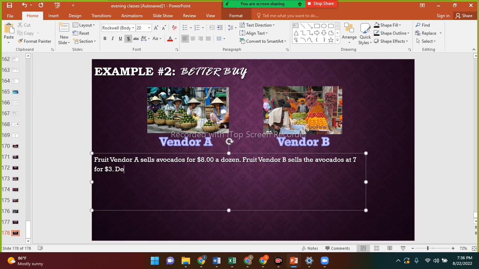Okay, determine which fruit vendor gives the better buy. Show working to support your answer.